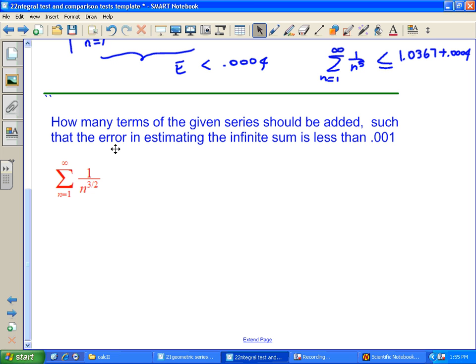How many terms should we add? So let's pretend we're going to add k terms. Let's say we're going to add the first k terms. We don't know what k is.